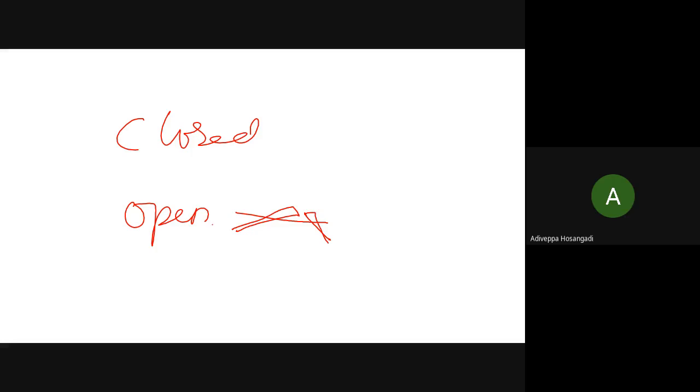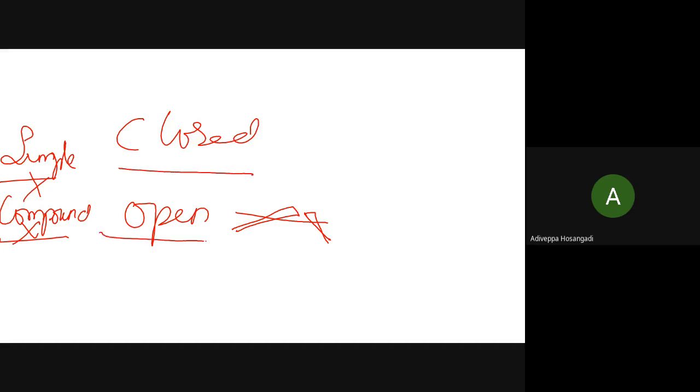That is called an open fracture. Earlier it was called a compound fracture, and closed was called a simple fracture. These terminologies are not used anymore. Please remember, standard terminology is closed fracture, open fracture.